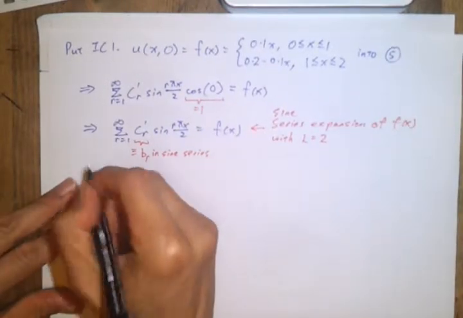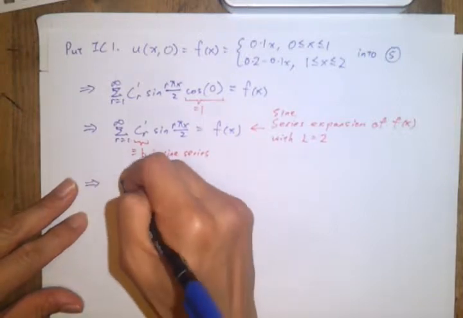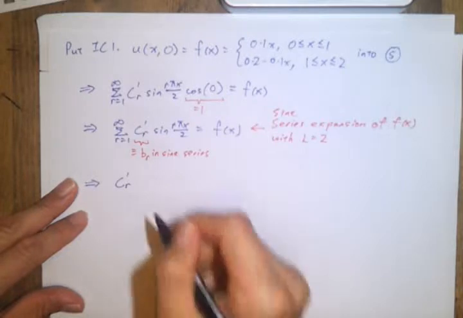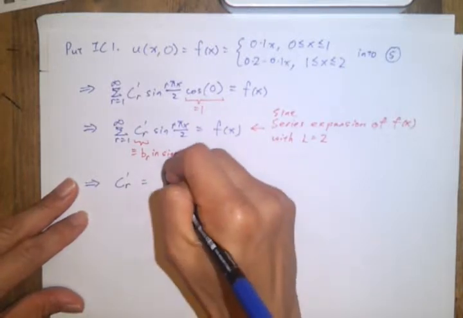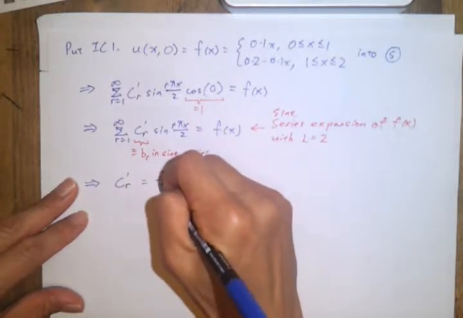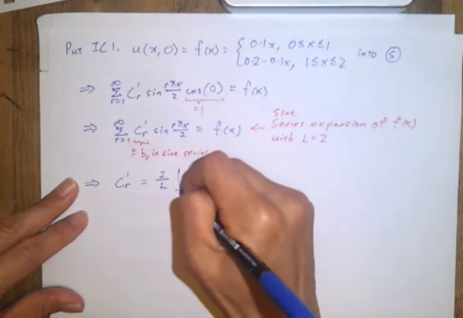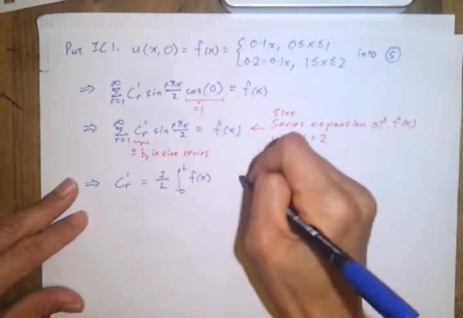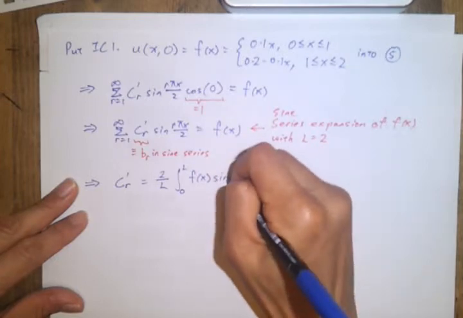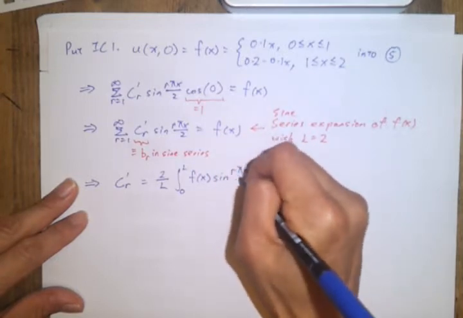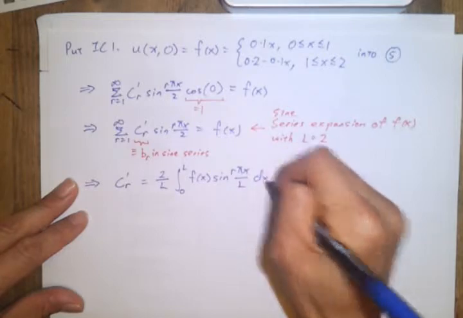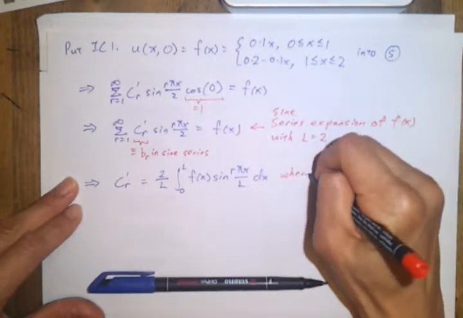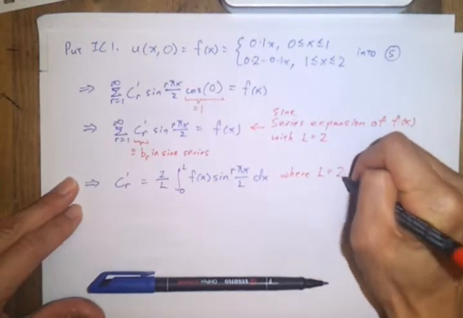So this tells you that you can find your C R prime just like you find B R in a sine series, which is simply 2 over L, integral from 0 to L, f(x) sine r pi x over L dx, where L is equal to 2.